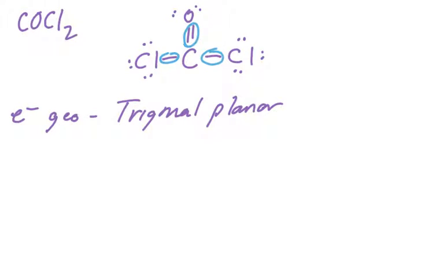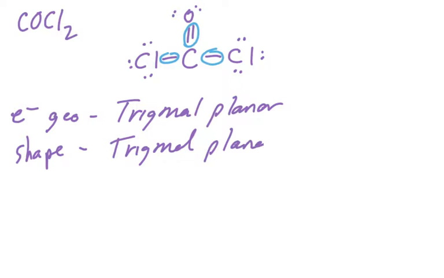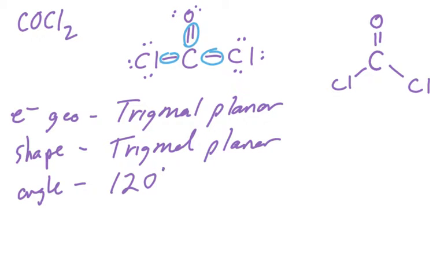So the shape, all three groups are bonding groups, 0 non-bonding groups. So the shape is also trigonal planar. And this is actually not drawn correctly here, right? Lewis structures just put things at 90-degree angles. Really, it should be like this, all in a plane, which means the angles are 120 degrees.